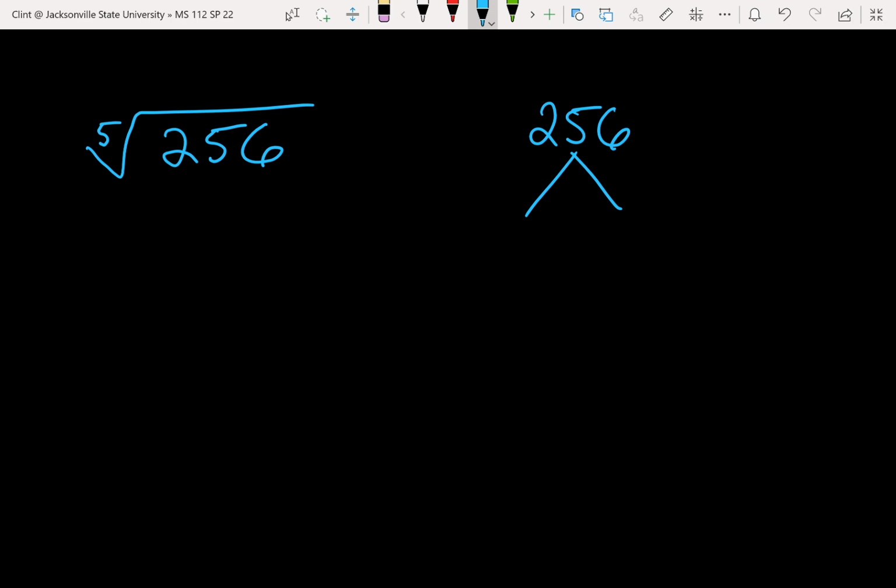That one is kind of big to be doing in your head, but you can see it ends with 6, so it's even. So if we divide it by 2, and we can use a calculator in here if we need, that's 2 times 128.